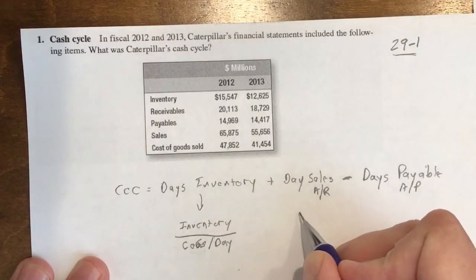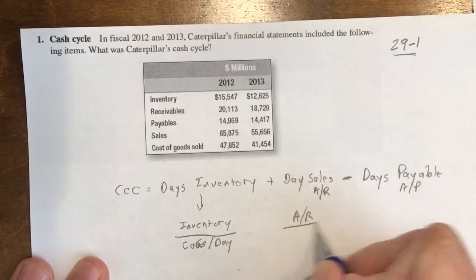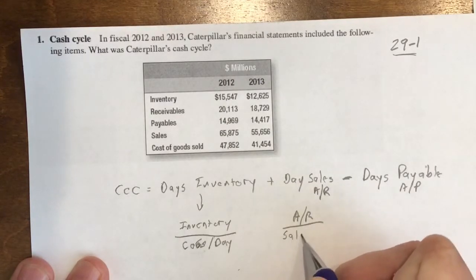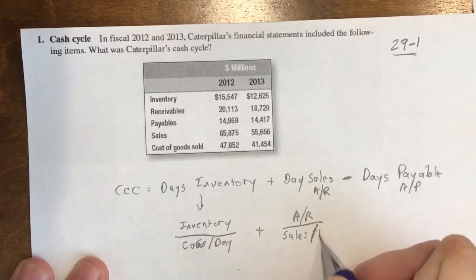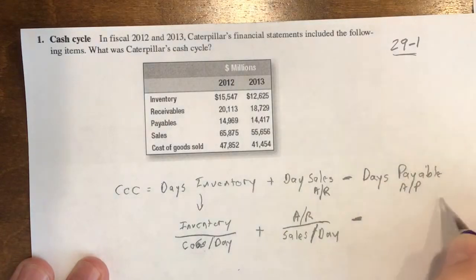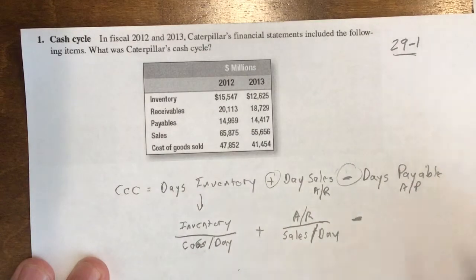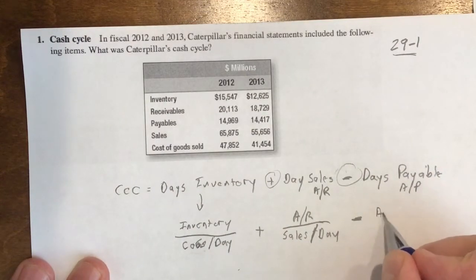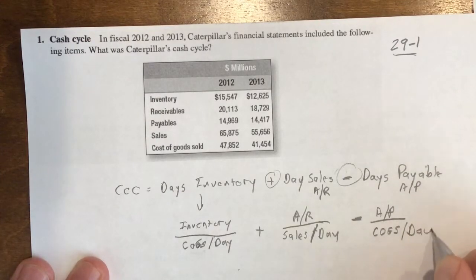And this is normally your accounts receivable divided by sales per day. And this subtraction here, it's important to note, this is a subtraction, is your accounts payable divided by cost of goods sold per day.